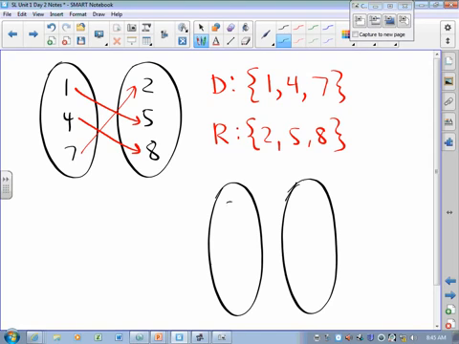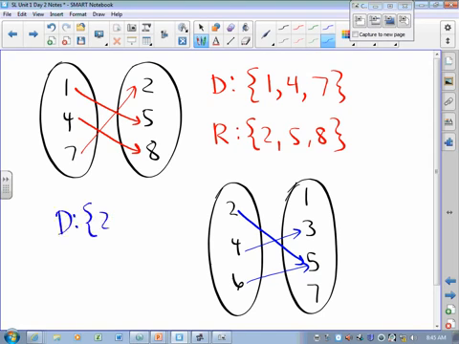So I've got, I don't know, 2, 4, 6, and I've got 1, 3, 5, 7. And 2 goes to 5, and 4 goes to 3, and 6 goes to 5, like that. That's a function. Every x goes to exactly 1 y.